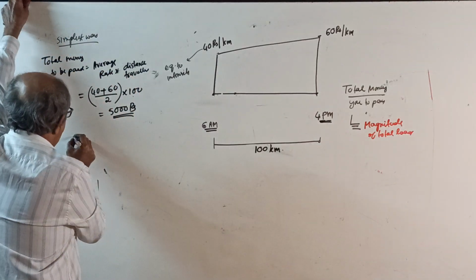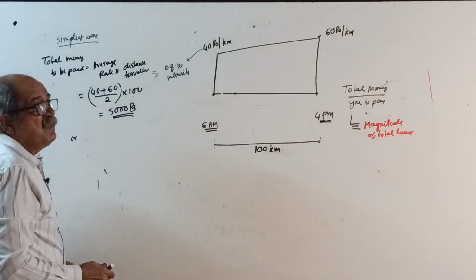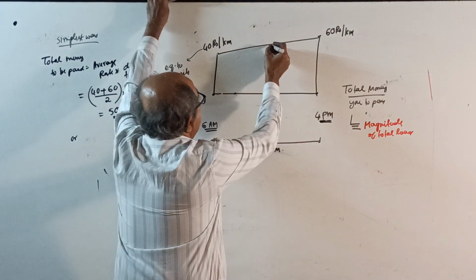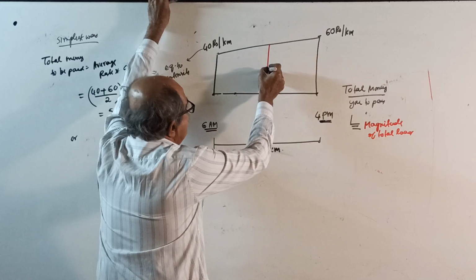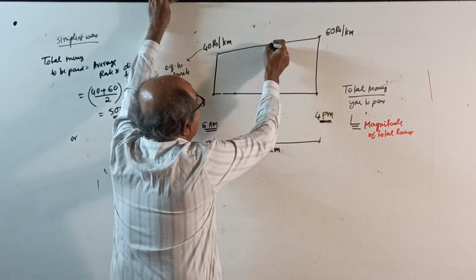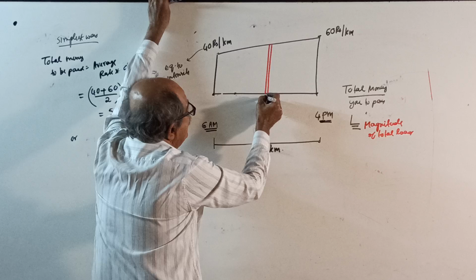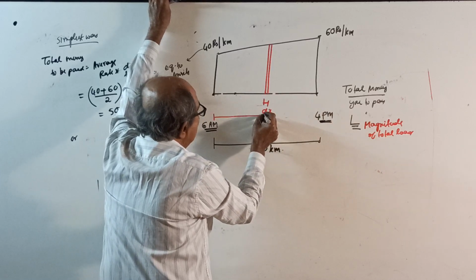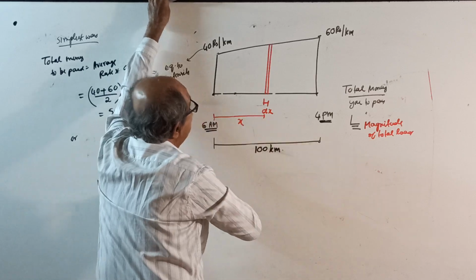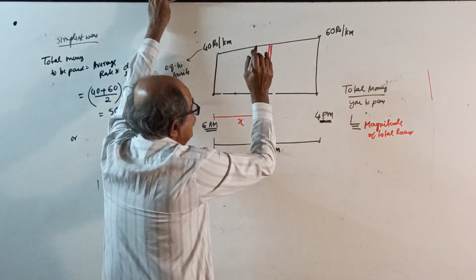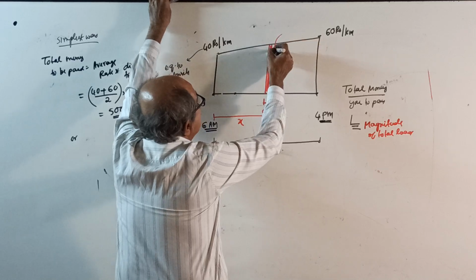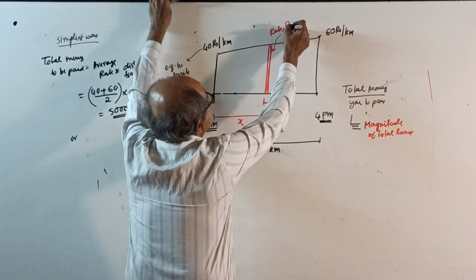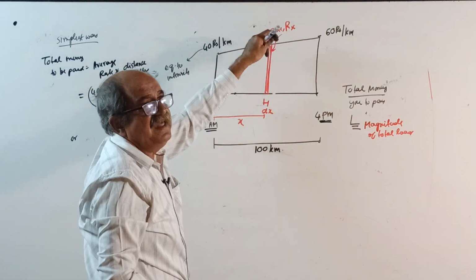Or, imagine you are going for the mathematical format. Consider an elemental length dx at a distance x from here, where the intensity rate is r at x. r is the rate at x.